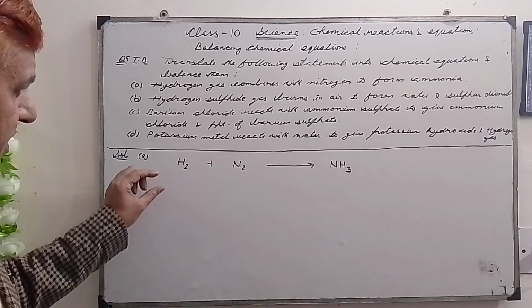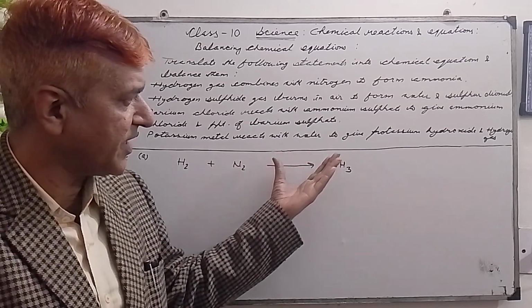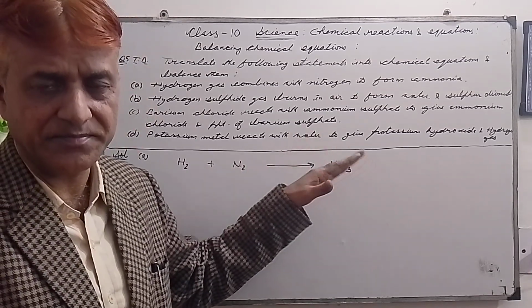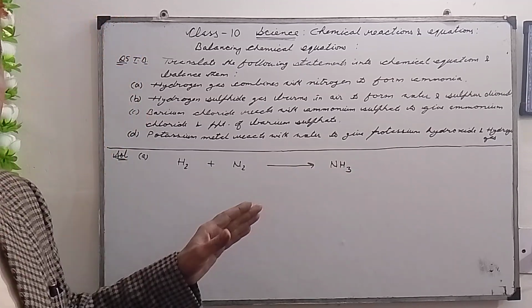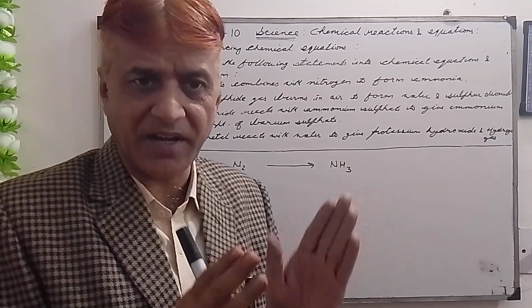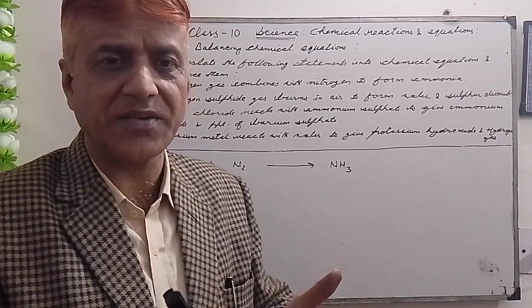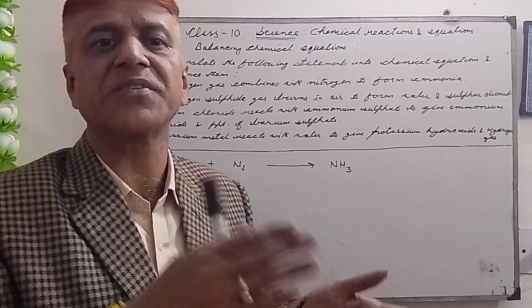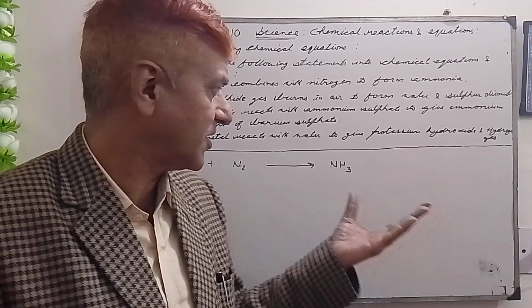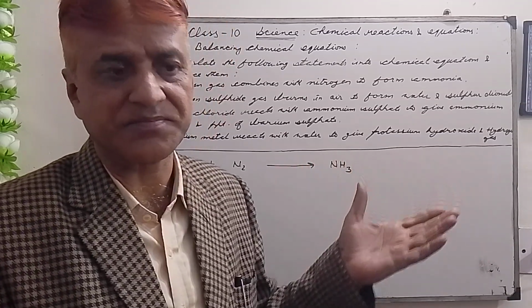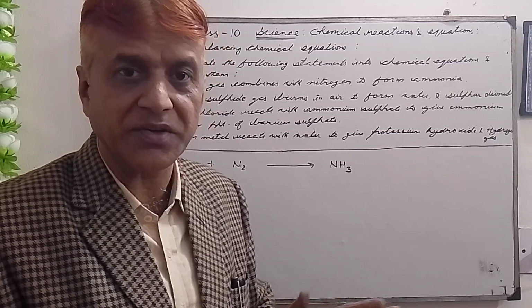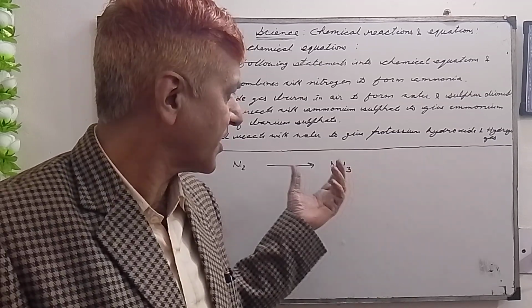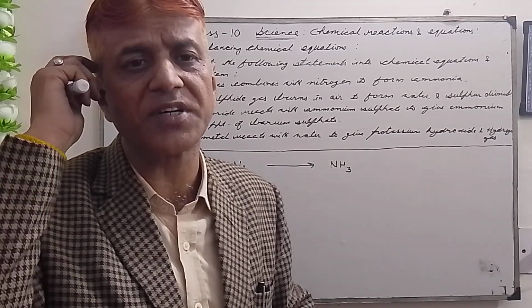I have already told you that hydrogen and oxygen we balance at the end, and firstly we balance metal atoms, and after that we balance non-metal atoms, and finally hydrogen and oxygen. This is a common way of balancing a chemical equation, and there is no hard and fast rule.